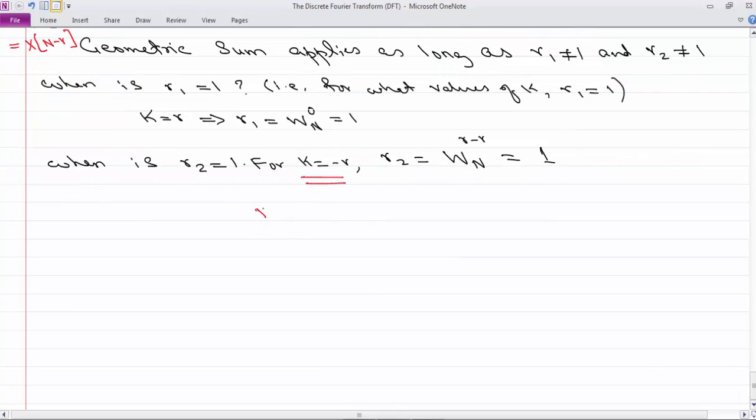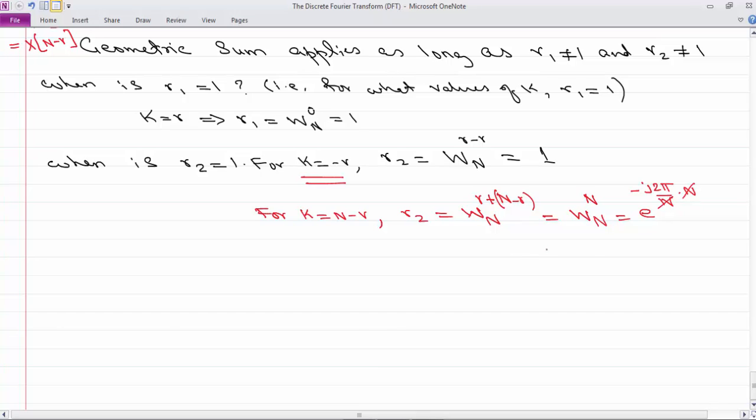So this doesn't work, but for k equal to N minus R, R2 is going to be W_N to the R minus N minus R, which is going to be equal to W_N to the N, which is equal to e to the minus j 2 pi over N times N. So it's e to the minus j 2 pi, which is equal to 1.